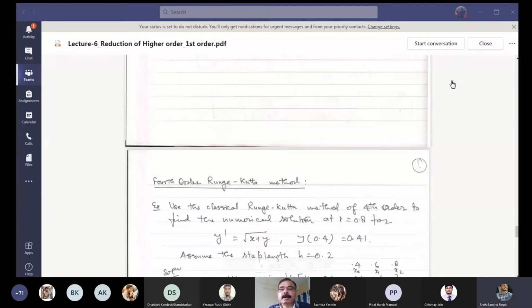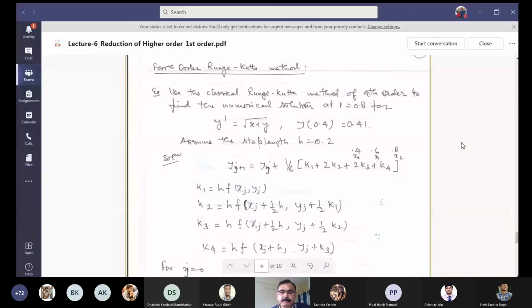Just do that problem which I have told you people to do as an exercise. You can start doing this here. At least find out the value of K1, K2, K3, K4 quickly. F is the square root of x plus y. Quickly find out. I want to see how many people can tell me at least K1, K2, K3, K4.